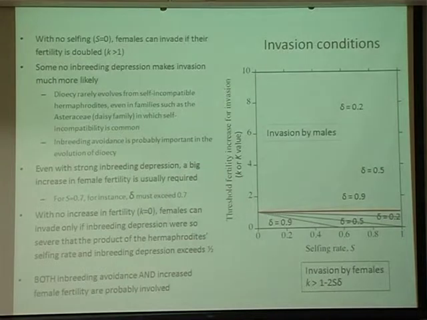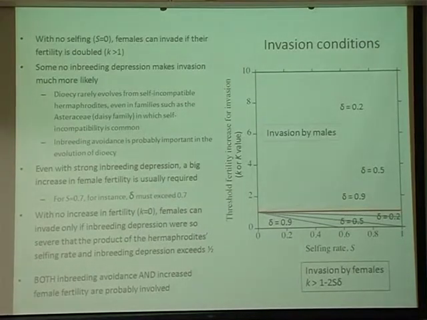And that simple inequality gives you conditions. For example, if there was no self-fertilization, then females would have to have double the female fertility of cosexuals in order to be able to invade. Some inbreeding depression makes invasion much more likely, as you could see right away from the equation.